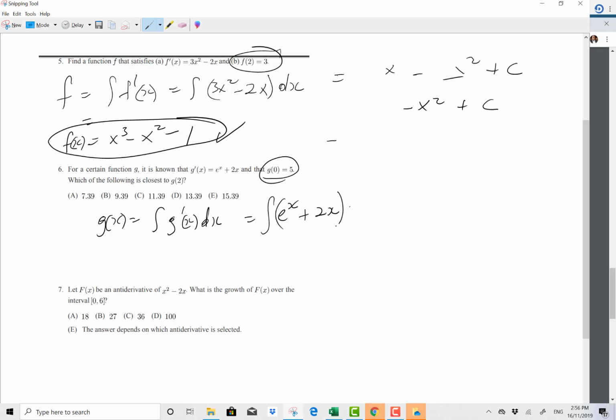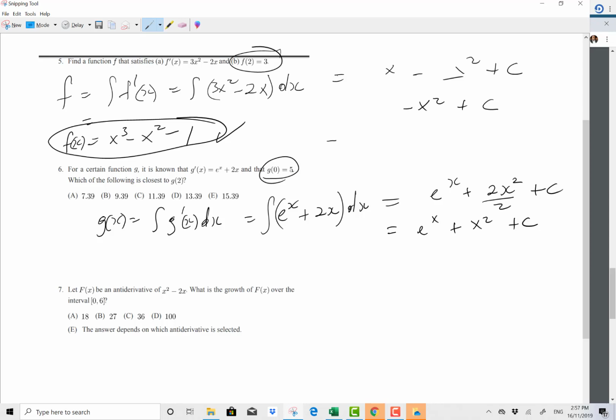When I integrate that with respect to x, I'm going to get e to the x plus 2x squared divided by 2 plus c. That's going to be e to the x plus x squared plus c.